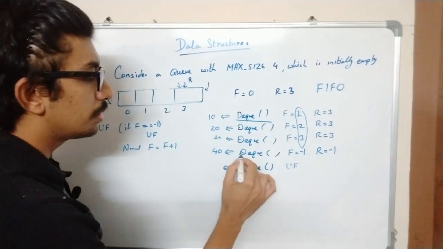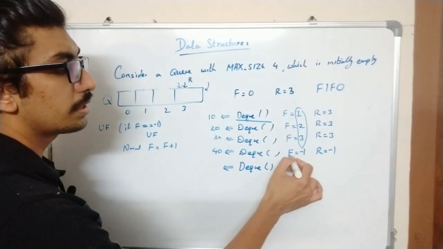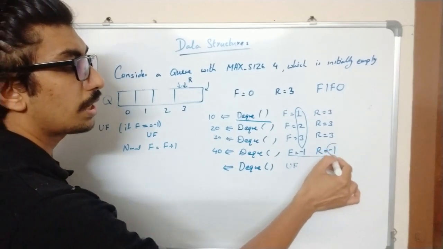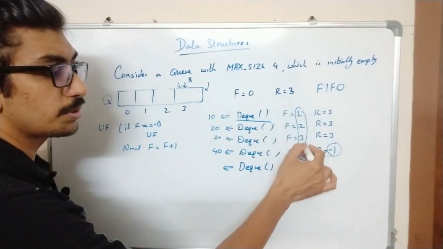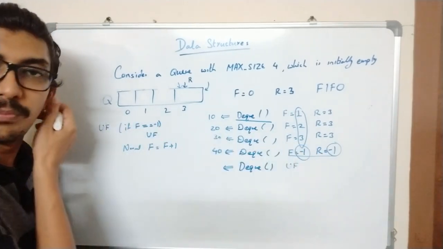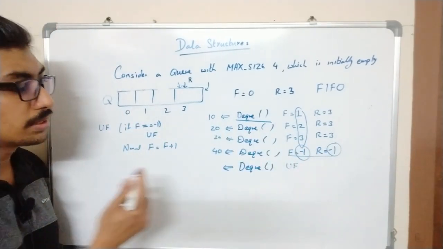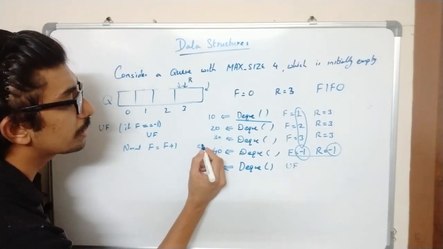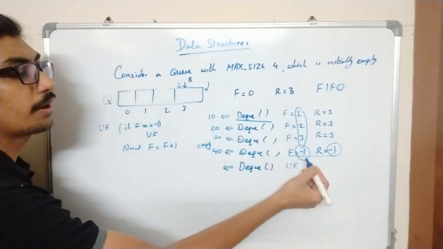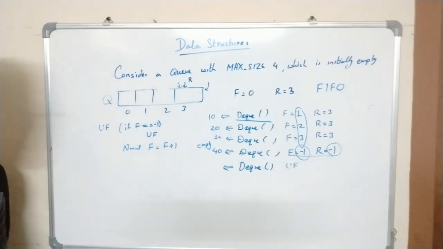But during the deletion of the last element, it has become -1, which means the rear value has also changed, and front is not incrementing, it is also becoming -1. So what was that condition? After deleting this element, if the queue becomes empty, then we have to initialize front and rear as -1.